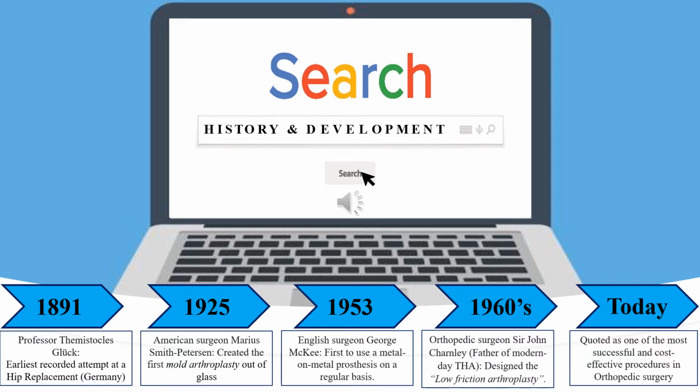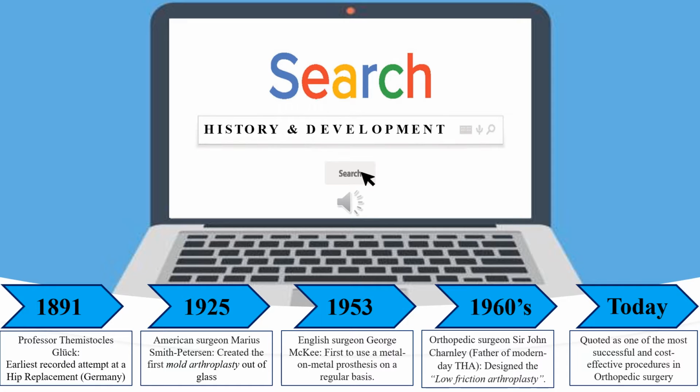Moving into 1925, an American surgeon, Dr. Marius Smith Peterson, created the first mold arthroplasty out of glass. In 1953, an English surgeon, Dr. George McGee, was the first to use a metal-on-metal prosthesis on a regular basis.